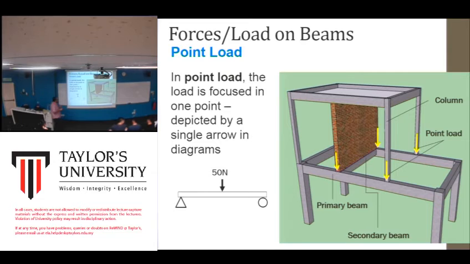Sorry, this intersection beam that supports the wall. This also will be the point loads. Okay. So how to draw the free body diagram of this area, this area is here.